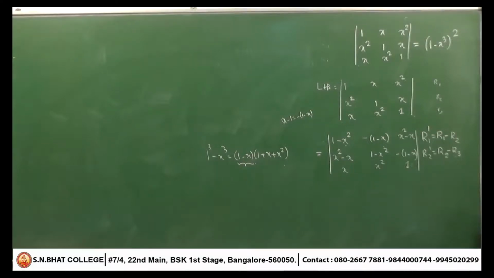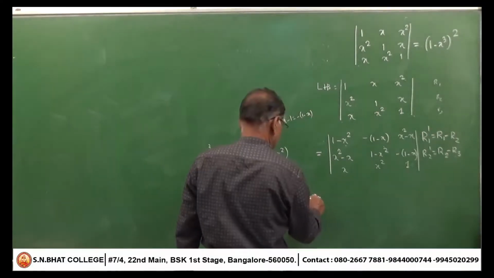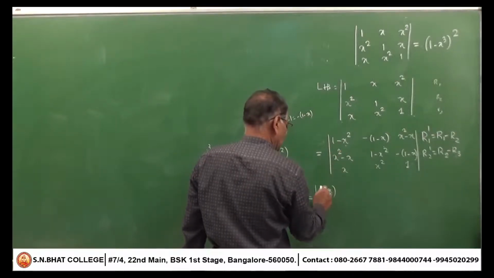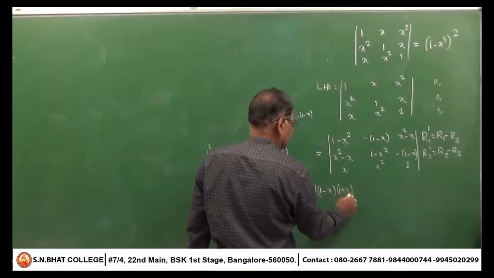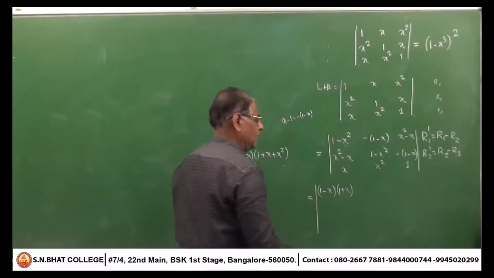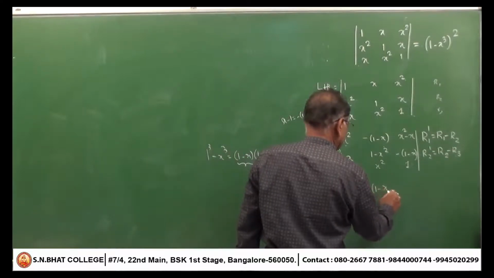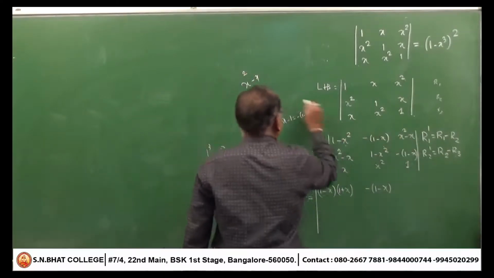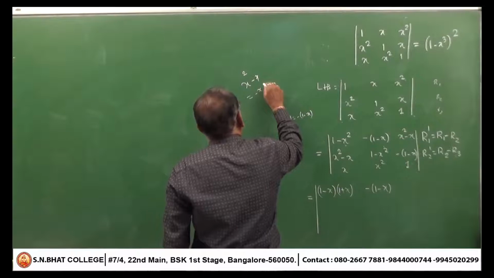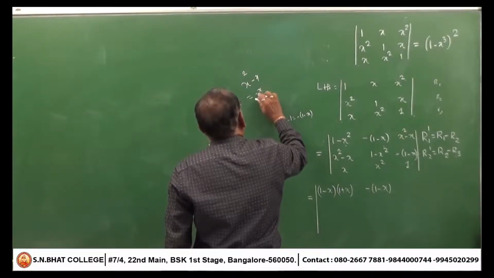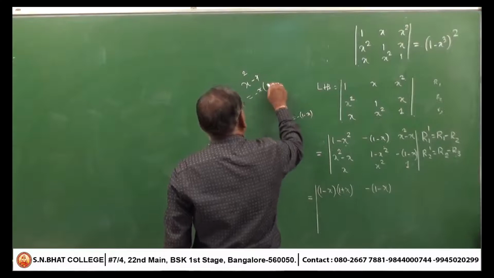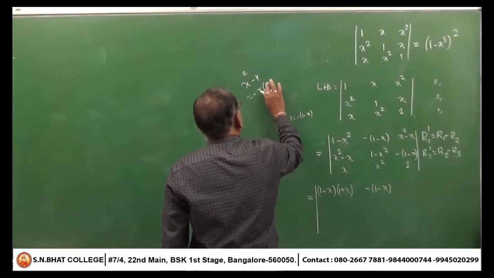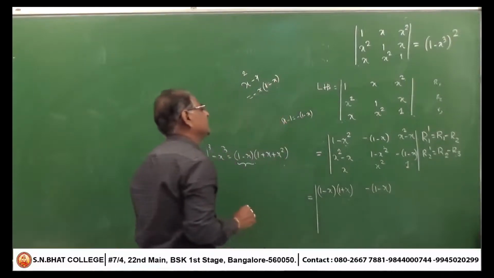Next you have to simplify the elements in the first and second row. Now I can write 1 minus x square as 1 minus x into 1 plus x, a square minus b square. Next, minus of 1 minus x. Now x square minus x, if I take minus x common factor, it becomes minus x into 1 minus x.